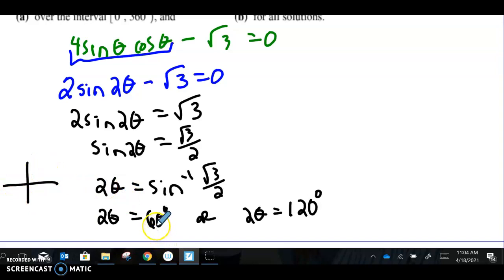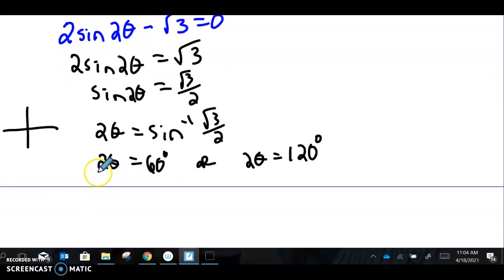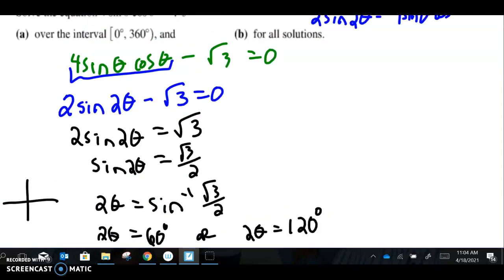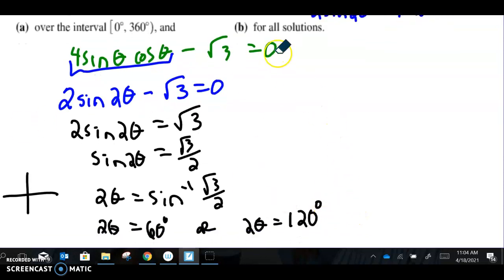Okay, so then I would divide by 2, I guess. Oh, this is twice theta though. Let me think here. Let's do it for all solutions first. So I have twice theta equals 60 degrees plus, I'm not going to say 2 pi n.